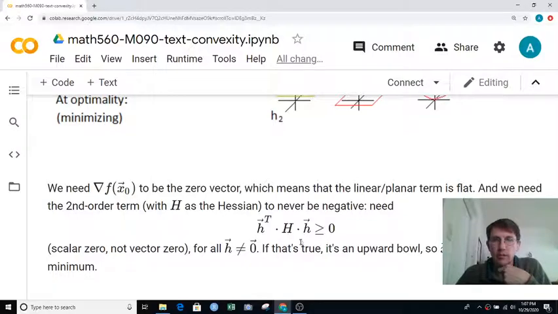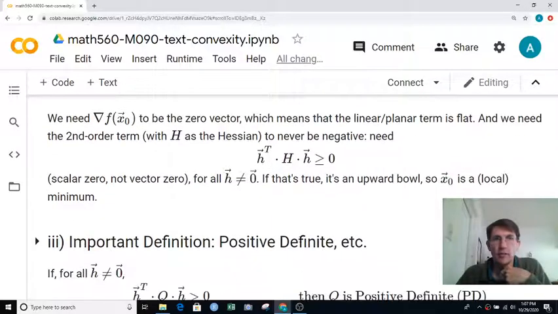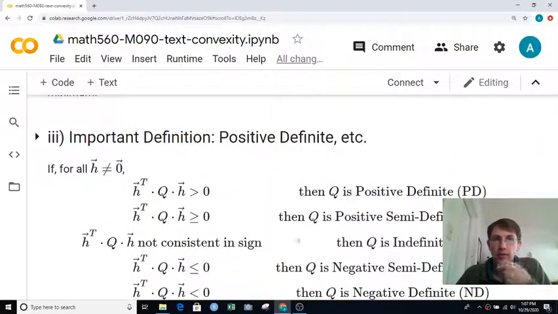So let's think about that some more. We will have a definition that says if h times some square matrix times h is strictly positive, then we'll say that the Q matrix is positive definite. And if it's usually positive but sometimes 0, then we'll say that's positive semi-definite. Notice we're not allowing h equals 0 here, because then we would just always get 0.